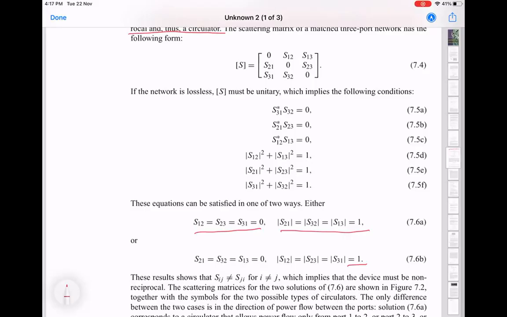The most ideal operation is perfect transmission in one direction and no transmission in the other direction. In practice, you will have something like 0.1, and this has something like 0.9, for a real practical device, and maybe even some insertion loss as well.